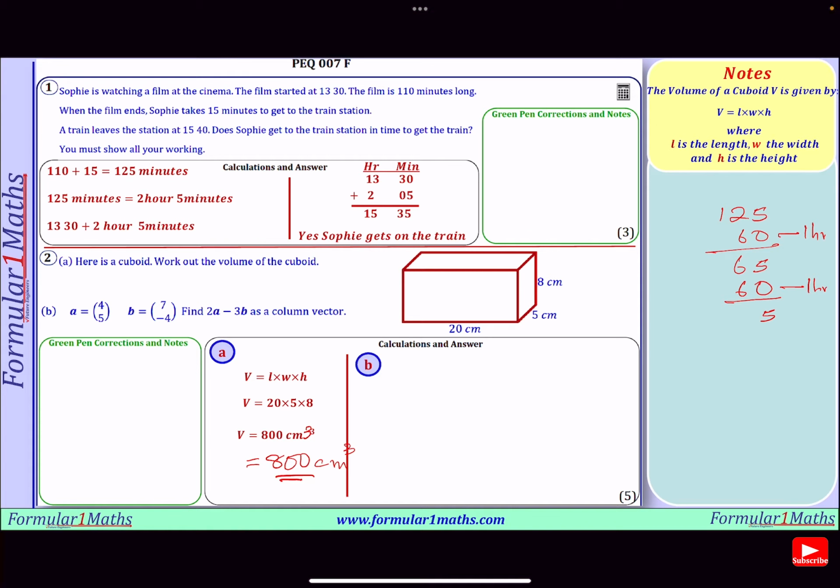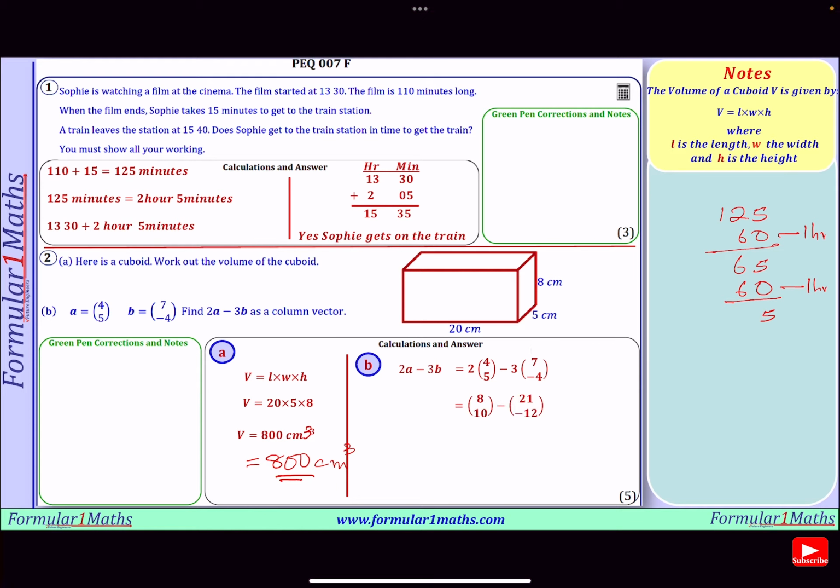So for B, A is a column vector. B is a column vector. Now we need to find this column vector given by 2A minus 3B. So 2A minus 3B is equal to 2 times A minus 3 times B. Expand the 2 into the column vector. Because this is a scalar, you multiply 2 by 4 and 2 by 5. You do the same thing with this part.